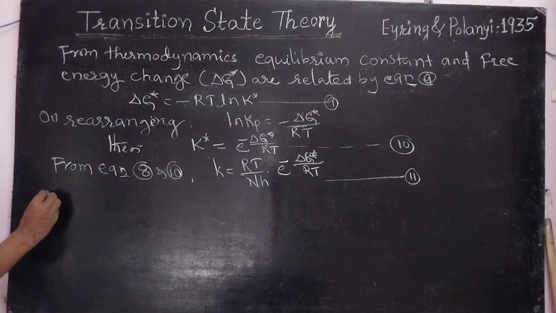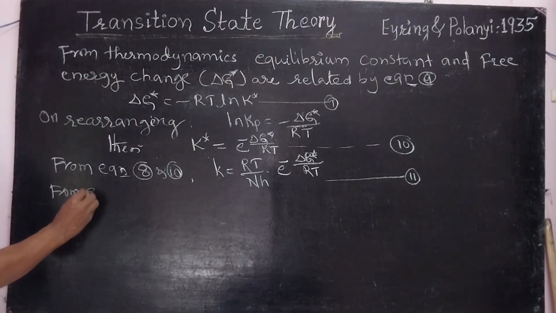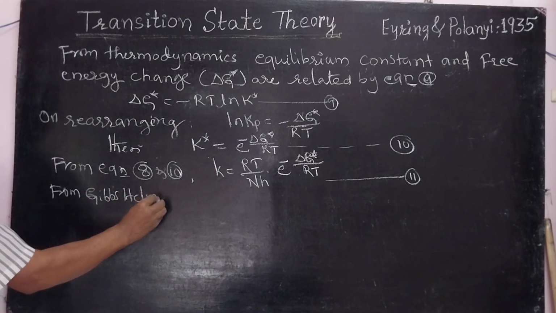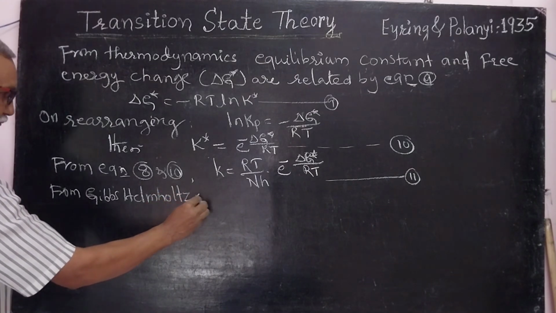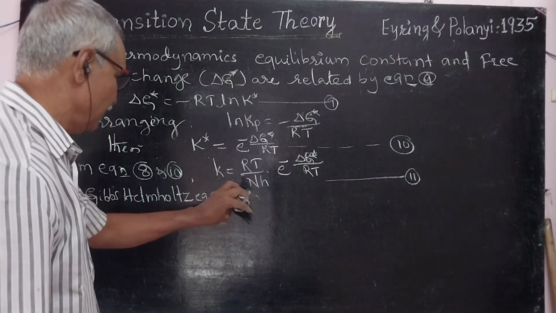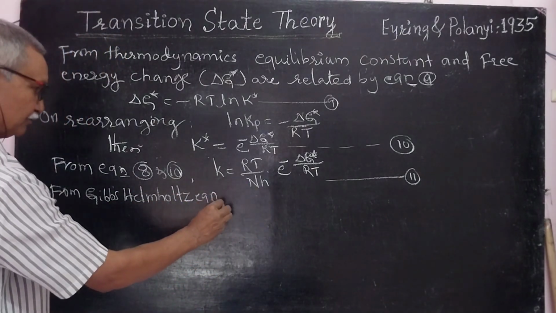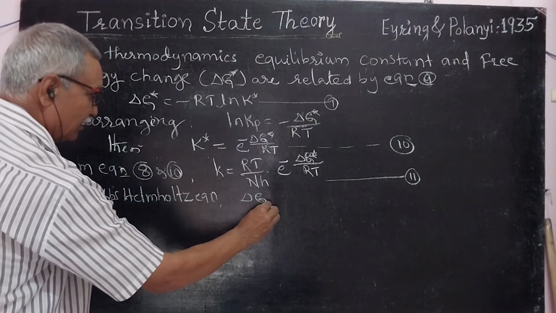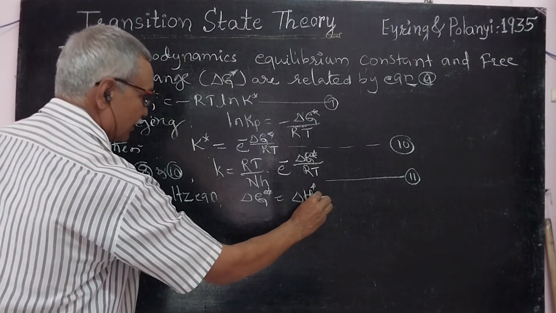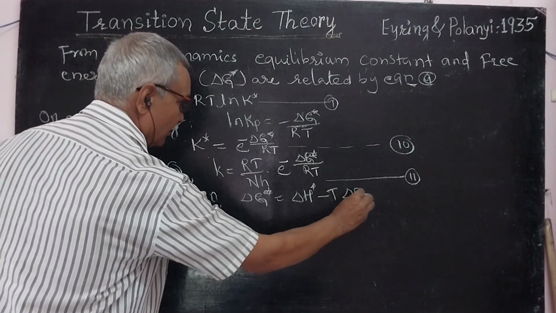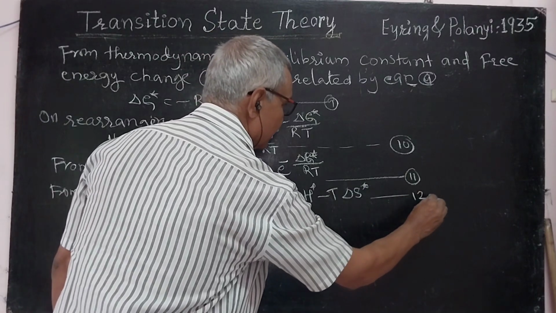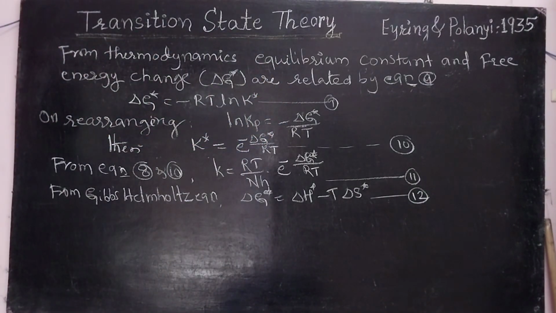We know from the Gibbs-Helmholtz equation that delta G star is equal to delta H star minus T into delta S star. This is equation 12.